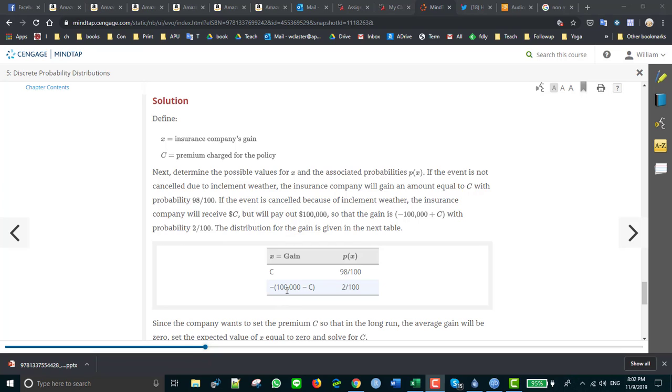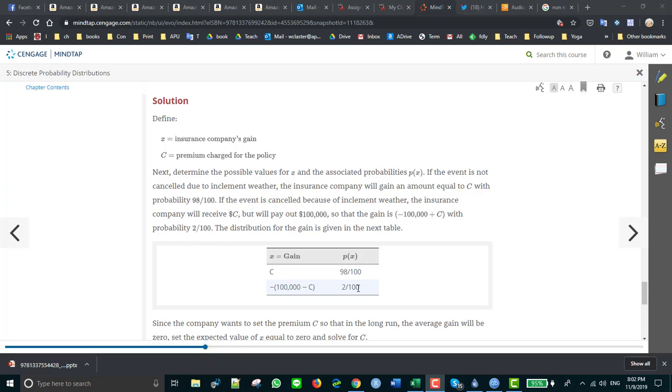So they're going to have to pay out $100,000, but they received C, so the actual loss to them is $100,000 minus C, so it's a loss, and we put a negative in front. The chance that this happens, only when the weather becomes really bad, is 2 out of 100, we said.